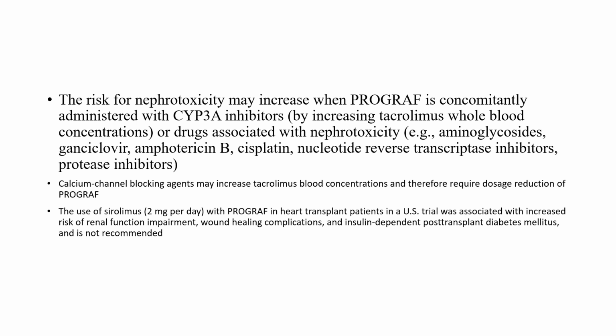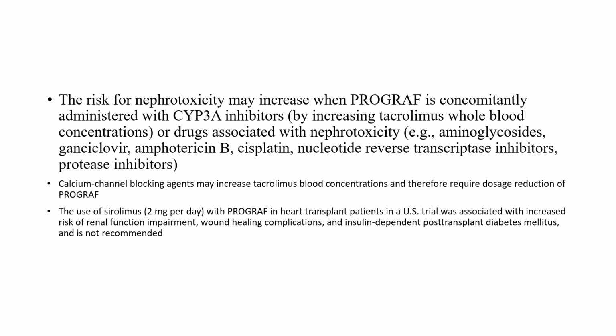The risk of nephrotoxicity will increase when you are giving it along with a CYP3A inhibitor, because it will increase the tacrolimus level, and with other nephrotoxic drugs like amphotericin B, nucleotide reverse transcriptase inhibitors, ganciclovir, cisplatin, and protease inhibitors.